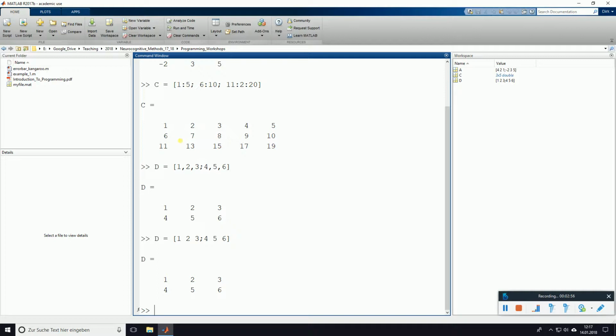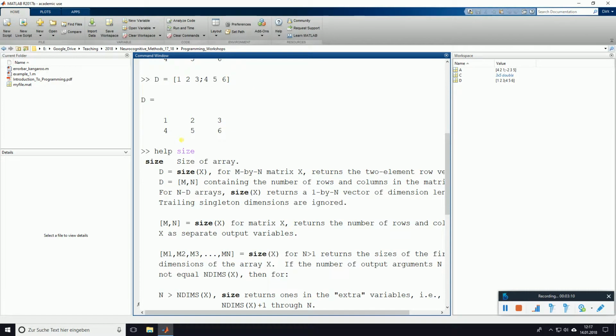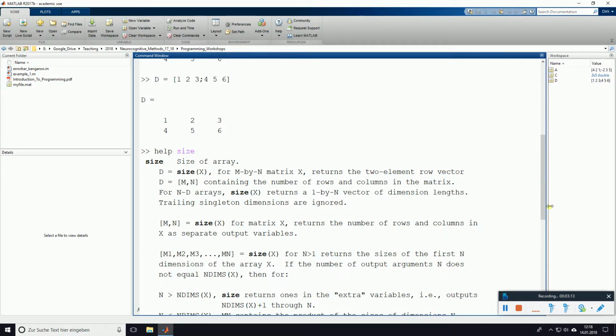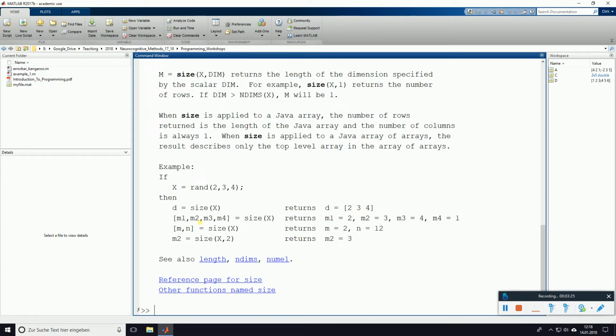Now, a very helpful command when dealing with matrices is the size command, which returns the number of rows and number of columns. So let's look at this. Size of D returns the two-element row vector [m n] containing the number of rows and columns in the matrix. So for example, if we apply that to our D matrix, it's also helpful to give the output variables meaningful abbreviations, so nr for number of rows and nc for number of columns.